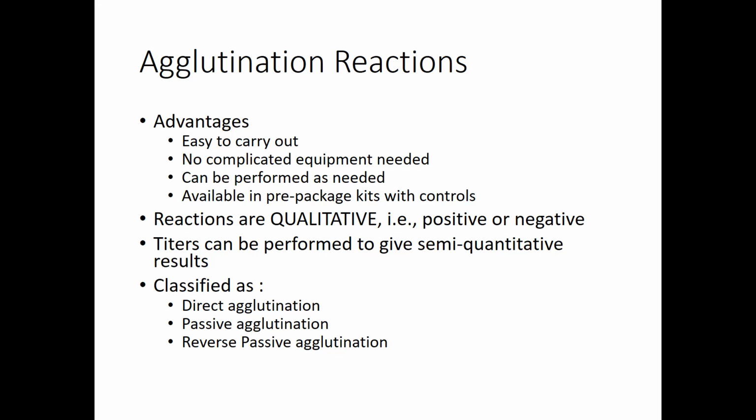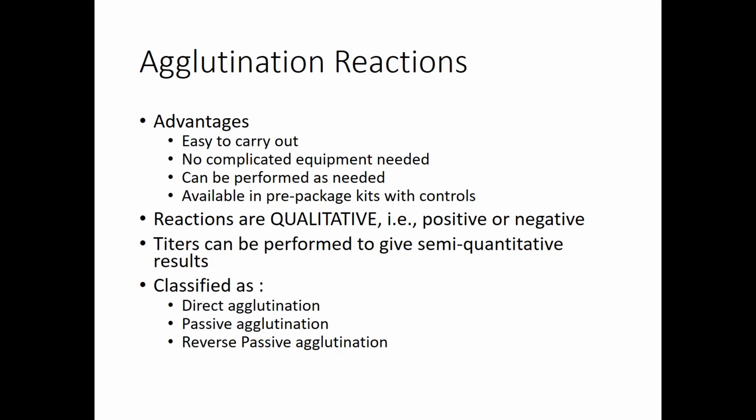They're quite easy to visualize without any extra equipment. So no complicated equipment, no spectrophotometer to read optical densities, no electrophoresis, nothing. Can be performed kind of on demand. It's a really simple test, and a lot of prepackaged kits with known quality control already there.